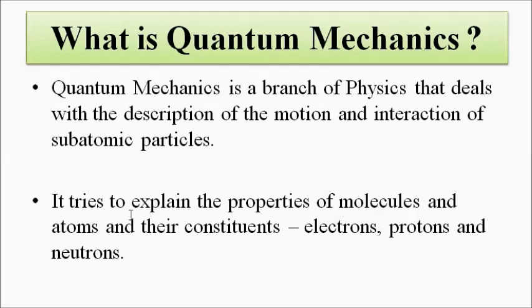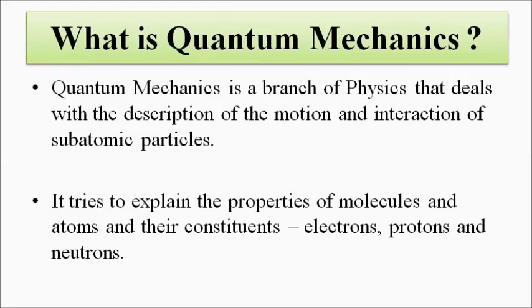Basically it tries to explain the properties in terms of the atoms, molecules, and their constituents. Classical mechanics is all about larger size bodies. Quantum mechanics is all about the smallest constituent structural units: the electrons, protons, neutrons, atoms. So that is what it is all about.